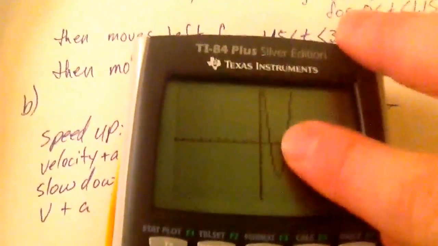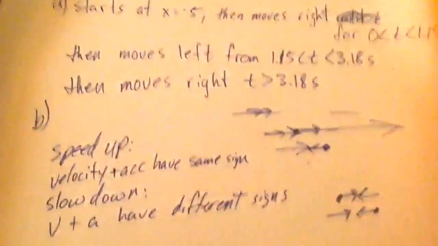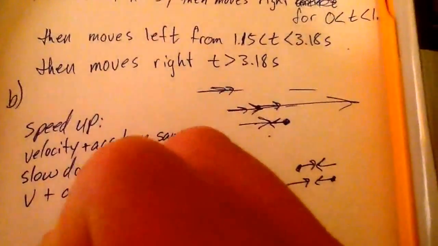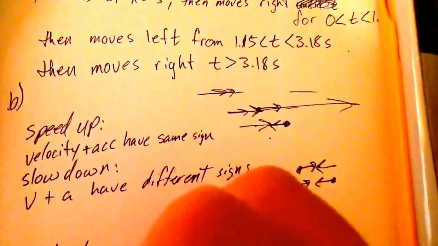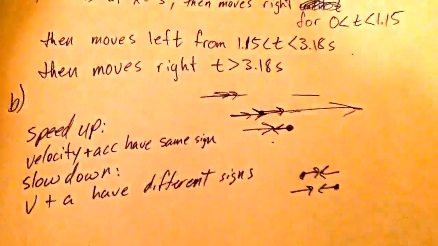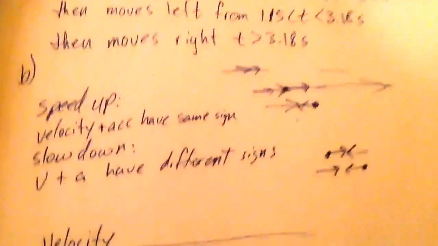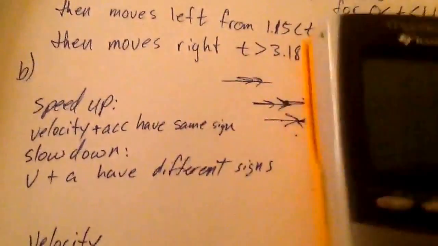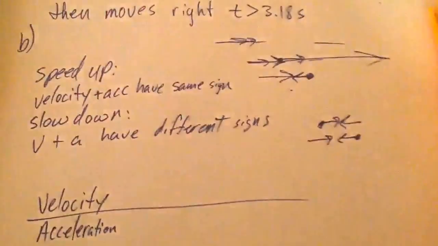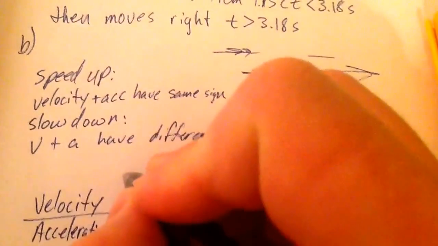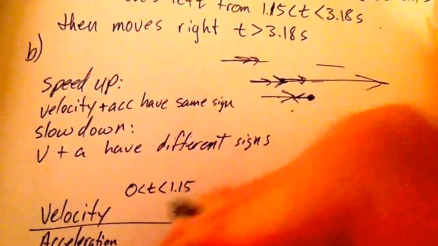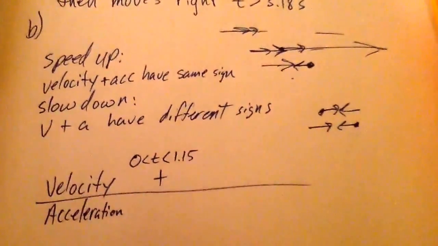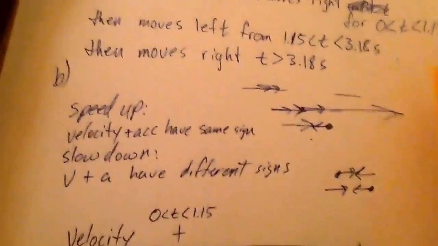I know from 0 to 1.15, my velocity is positive. I need to know what the acceleration is in that region.